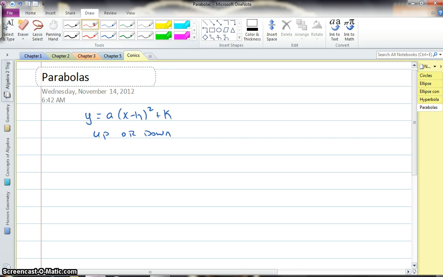Alright, now we know when our a value is positive, it opens up, and when our a value is negative, it opens down. Alright, but now I'm going to throw another one at you. It's going to be x equals a times the quantity y minus k squared plus h. Now, look at this. H is attached to x here. K is more attached to y.